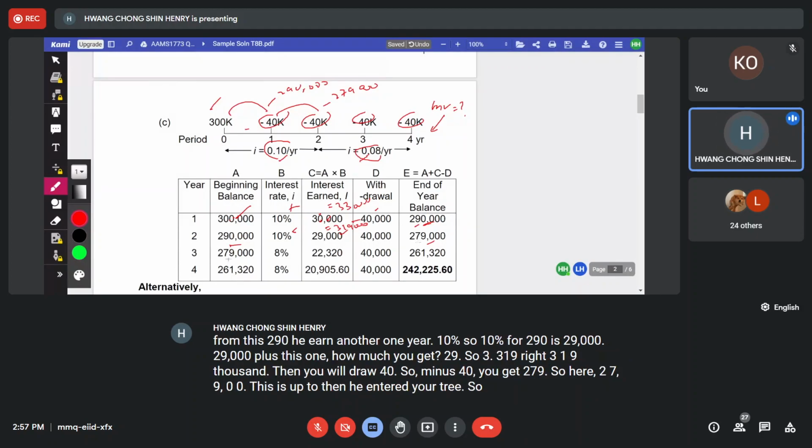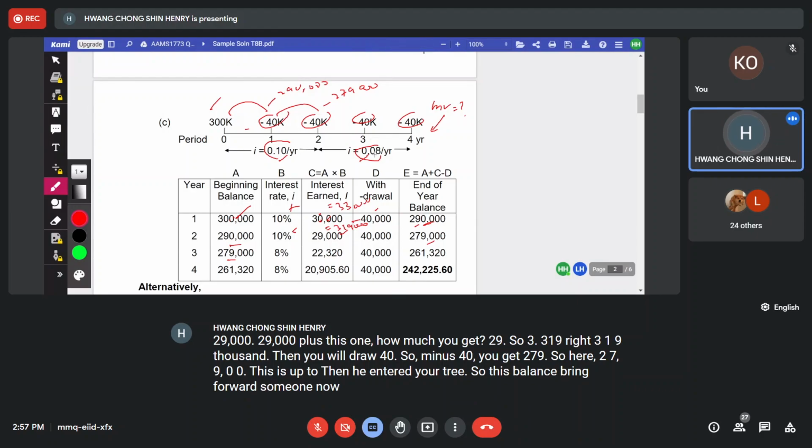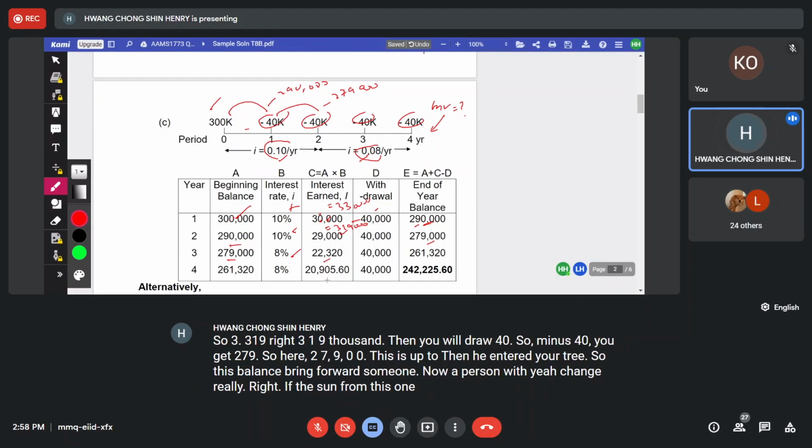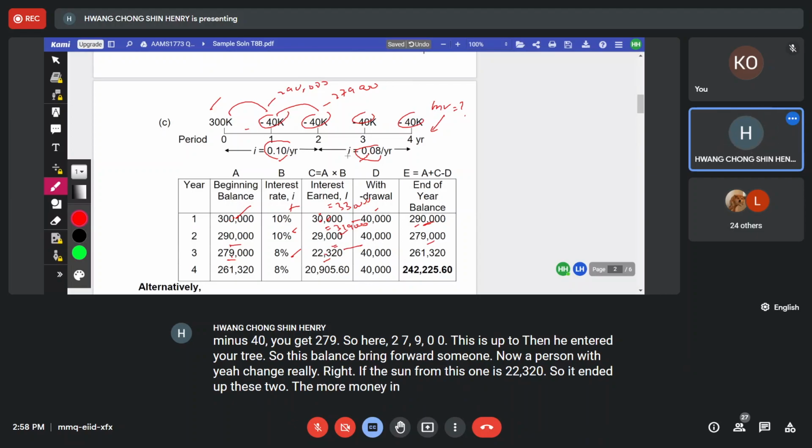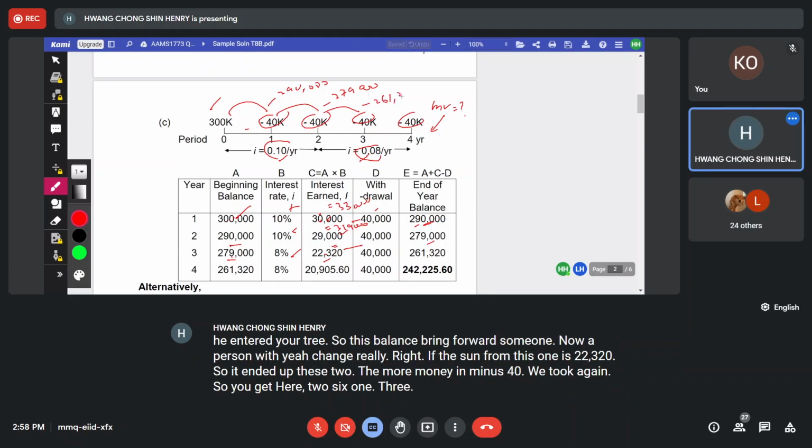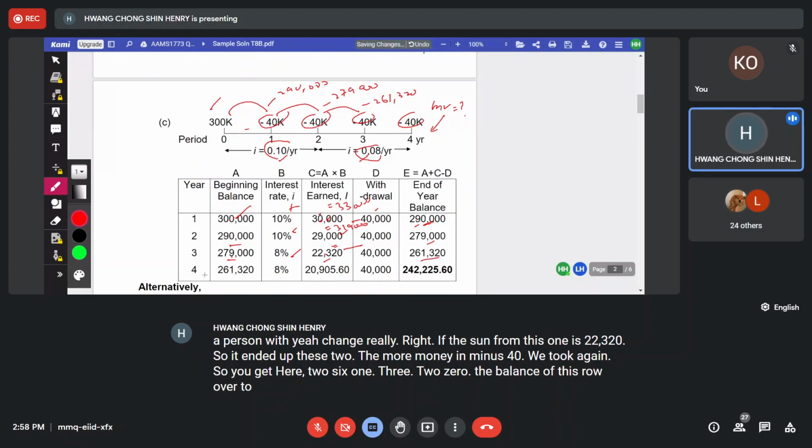So this balance bring forward some more. Now 8% already, change already, right? 8% from this one is 22,320. So you added up these two, the amount of money, you minus 40, withdraw again. So you get here 261,320. The balance of this roll over to what year?